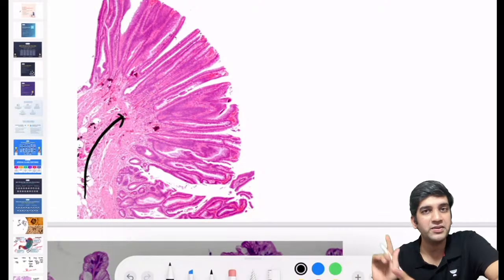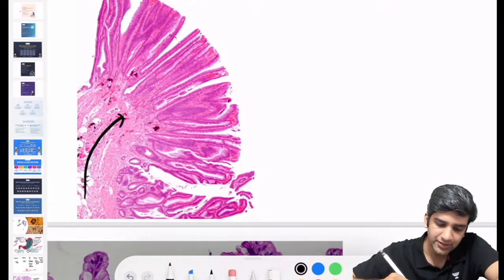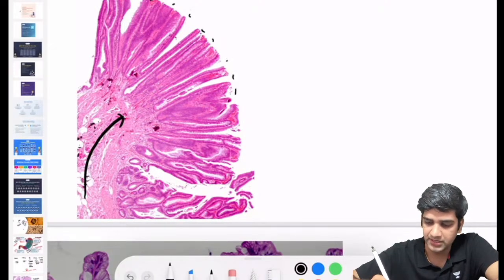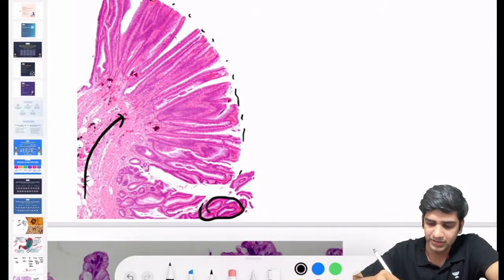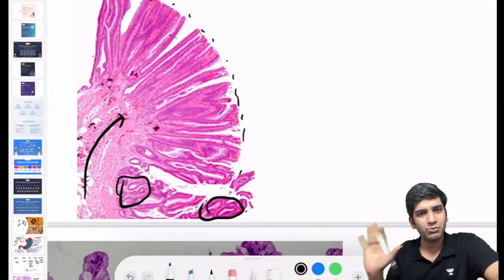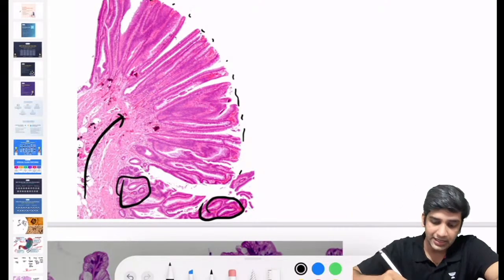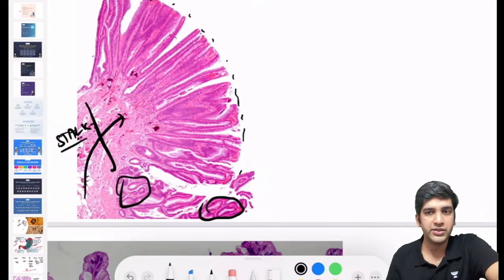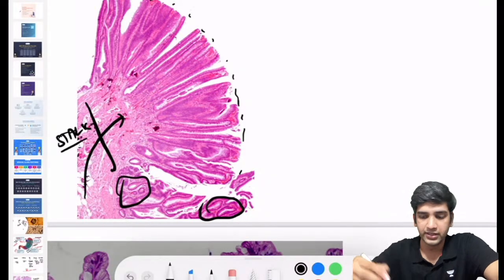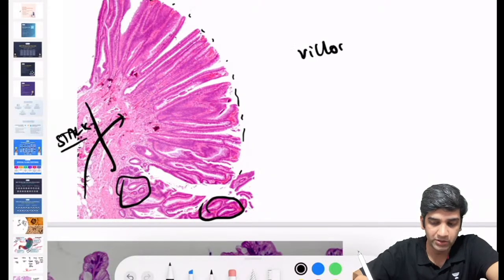That's a stalk. Don't mistake that for muscle between the glands. Almost everything here is villi, finger-like projections. Maybe in this corner I can see a gland a little bit, but definitely more than 75% is villi only. Again, this is the stalk of the polyp. Don't mistake it for muscle between the glands. It's completely villi, so this is how a villous adenoma will look.